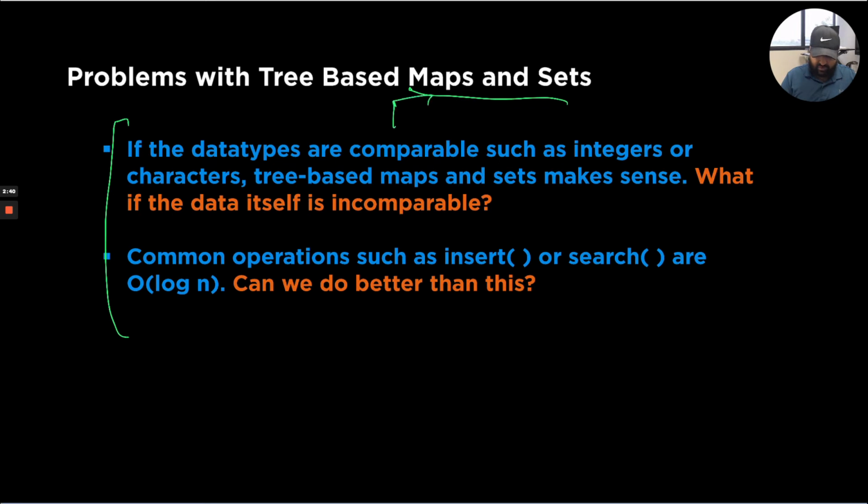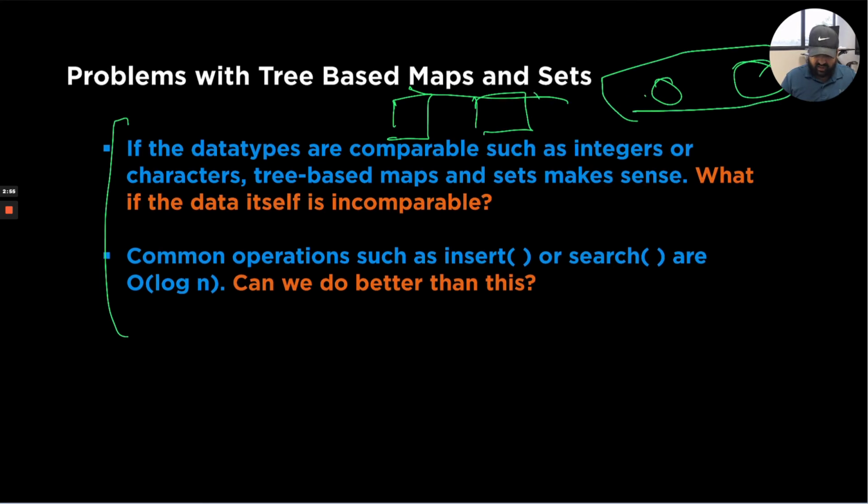Let's say you have two objects, you create two classes and you do not overload the comparison method, then how do we support this data, which has a user-defined data type, in our data structures? So that's why we'll try to create a data structure that's agnostic to that.